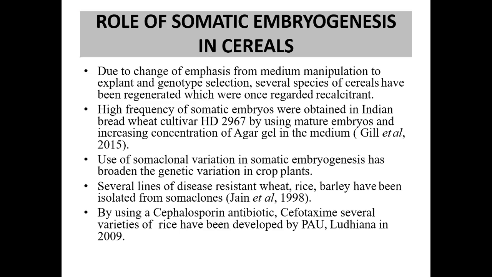There are varied roles played by somatic embryogenesis in serial development, where somatic variation, high frequency, and the conservation of germplasm or elite genotypes come into play, and even an emphasis on the development of recalcitrant seeds.